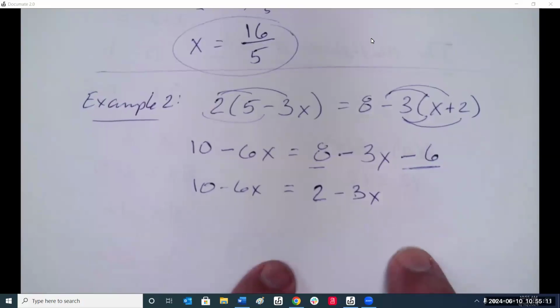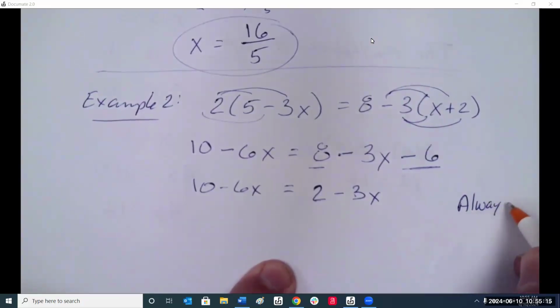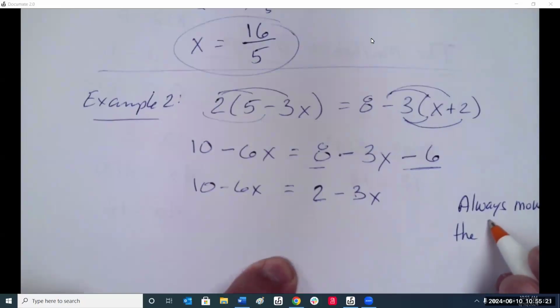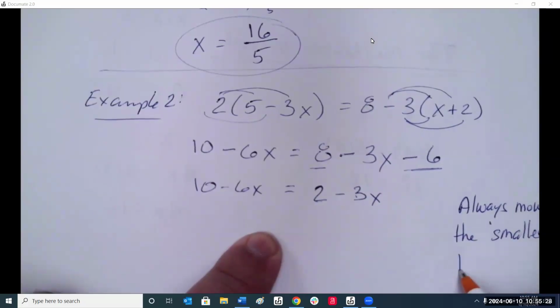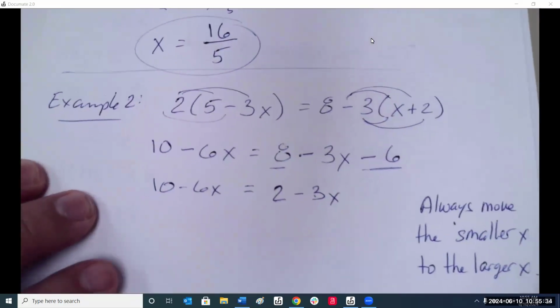If you have x's on both sides, always move the smaller x to the larger x.